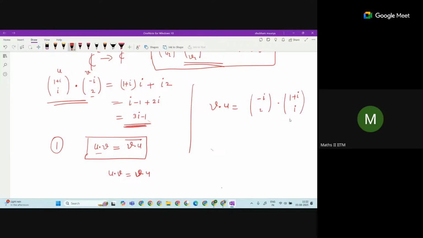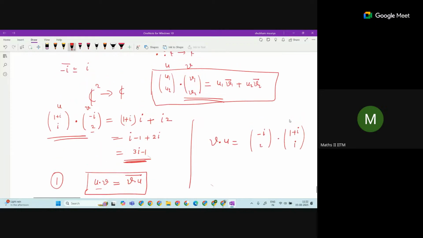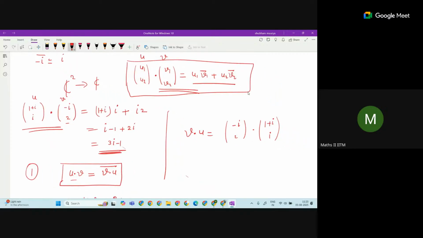Can anyone give the v dot u value using this definition, if you are forgetting the definition? I plus 1, sir. 3i plus 1.